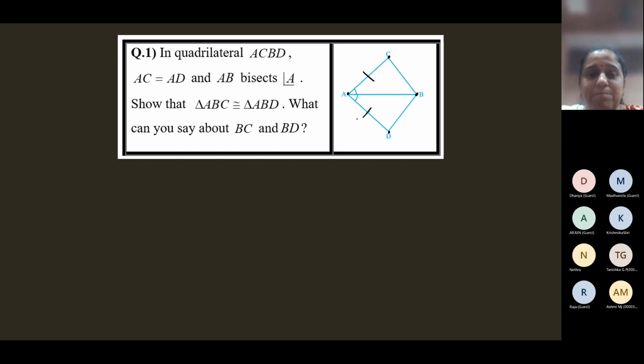And AB bisects angle A. This line segment AB bisects angle A. This is angle A. Can you see that this AB is going through angle A? So it's dividing angle A into 2 equal parts. That's why it bisects.